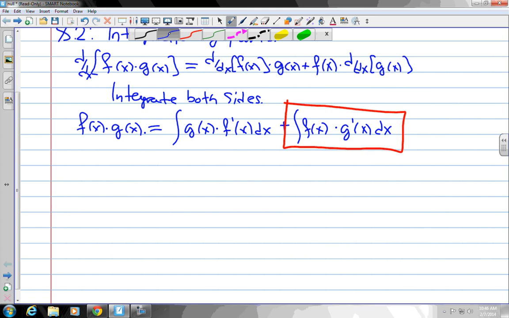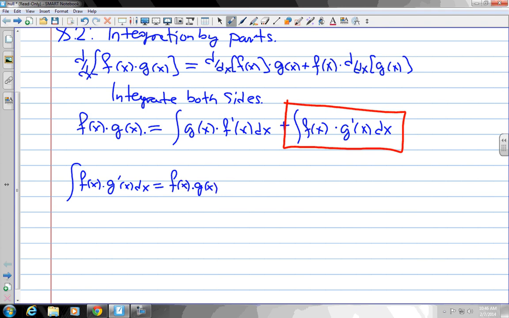So I'll get the integral of f of x times g prime of x dx equals the product of 2 functions, f of x times g of x, minus the integral of g of x f prime of x dx.